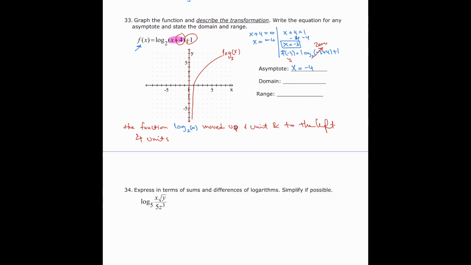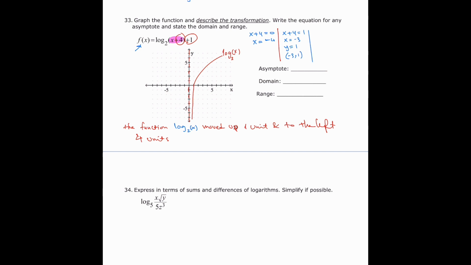So y equals 1. So the point is (-3, 1). After putting x plus 4 equals 1, I got x equal to negative 3 and y equal to 1.